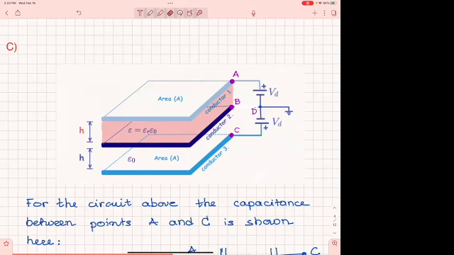Because it asks me to find the capacitance between A, B, and C. Could you speak a little louder? Exactly. The capacitance is independent. The capacitance has nothing to do with the excitation.